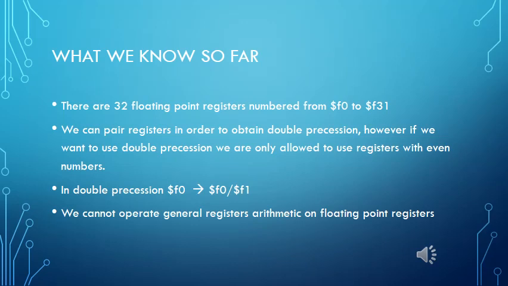We know that there are 32 floating point registers that are numbered from F0 till F31, and we can pair these registers together on condition that they are even registers in order to create double precision registers. So we are allowed to pair F0 with F1, but we are not allowed to pair F1 with F2, and so on.